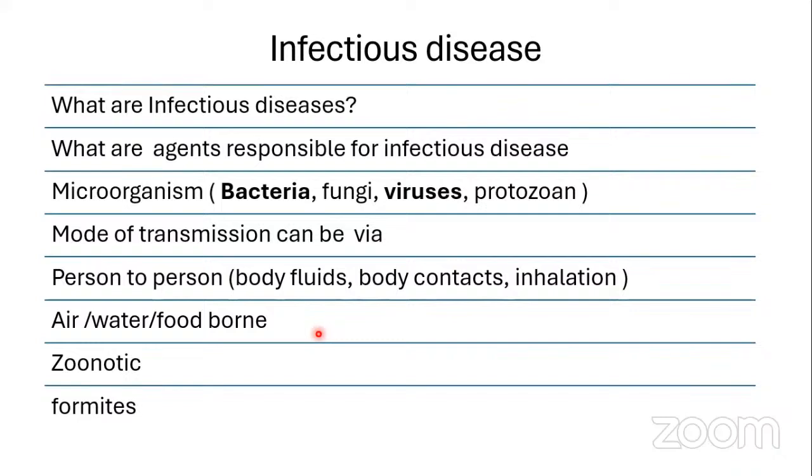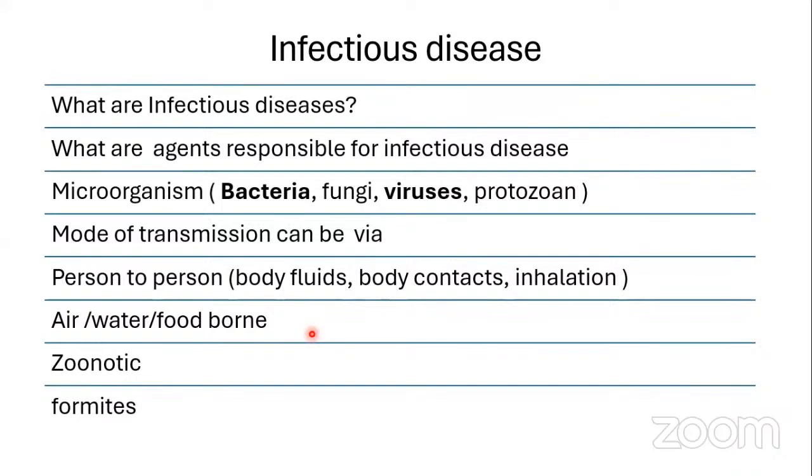We have airborne infectious disease, we have waterborne, and we have foodborne. These are modes of transmission through the air, through the water, through the food. That means when you consume food that's contaminated with bacteria, an example is cholera, or you can consume water or use water that's contaminated to prepare food and the food is not properly cooked.